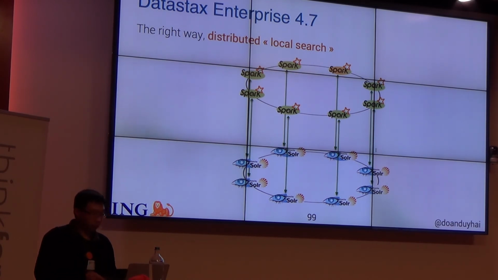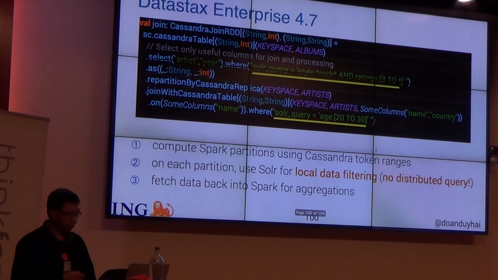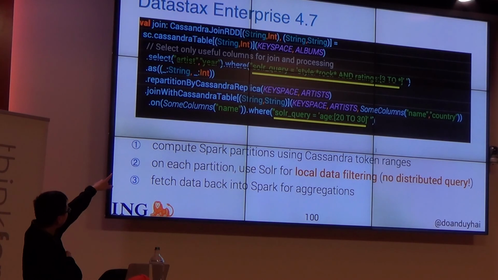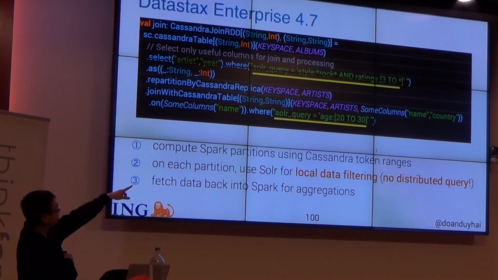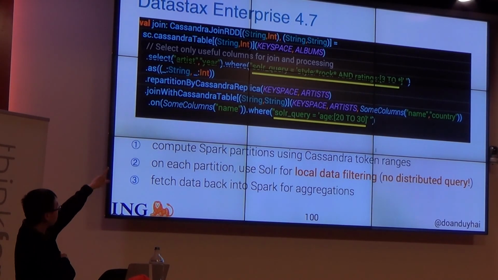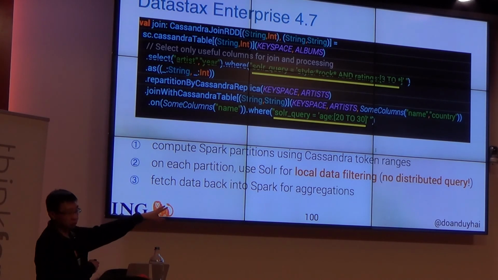But for example, I want to perform some big joins on big data sets, but with some filtering. This will come in handy. For example, I want to select the albums which have rating bigger than 3, style rock, join with the artist table, and I want only the artists between 20 and 30.